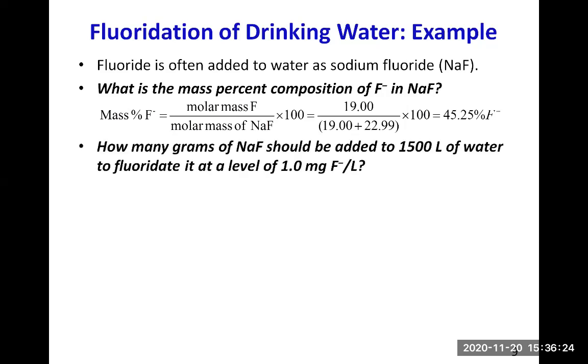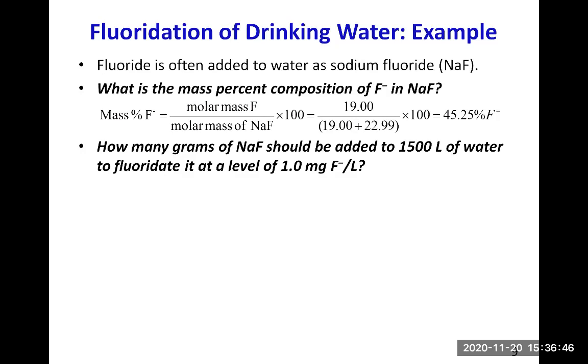So how many grams of NaF should be added to 1,500 liters of water to fluoridate it at a level of 1.0 milligrams of fluoride per liter? So we will solve this as the usual conversion problem or dimensional analysis problem.